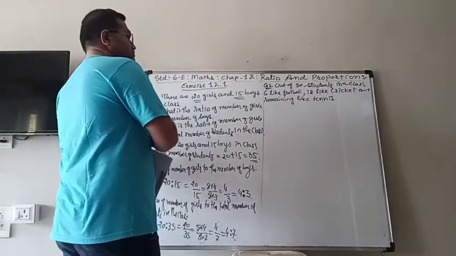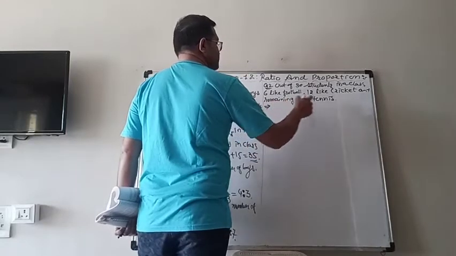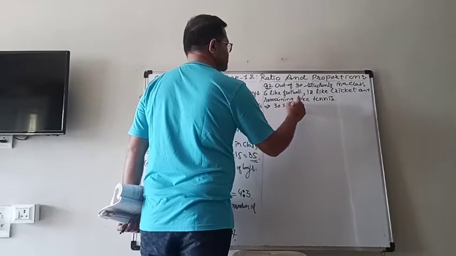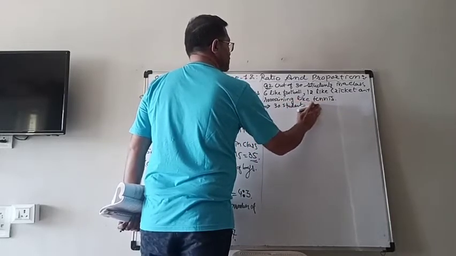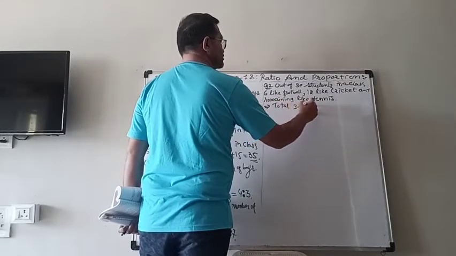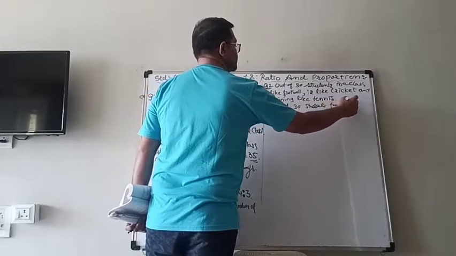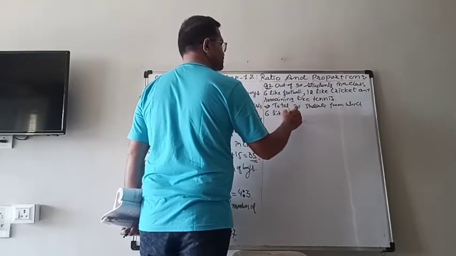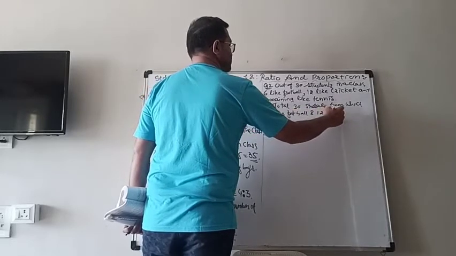But first of all, we will find out the number of students who like tennis. Total 30 students, from which 6 like football and 12 like cricket.